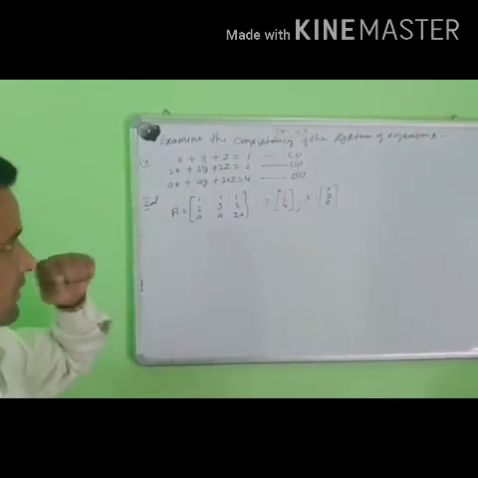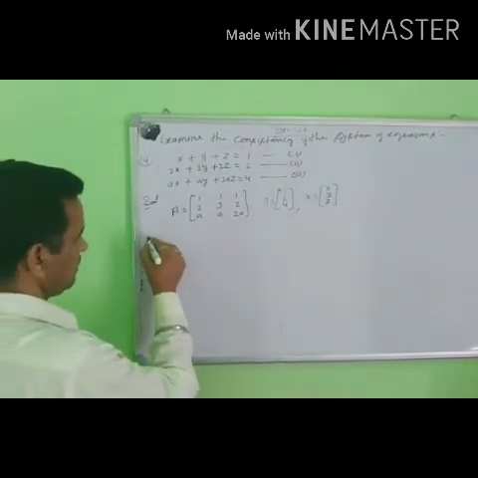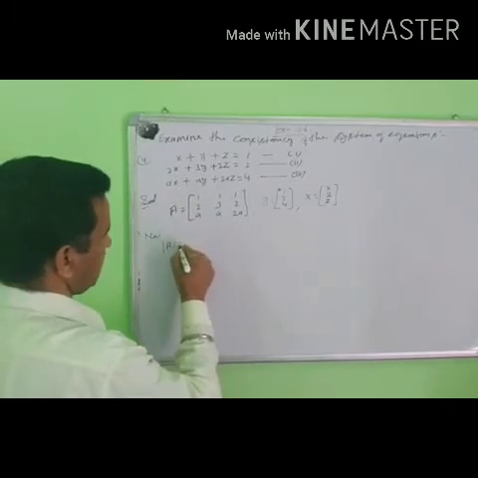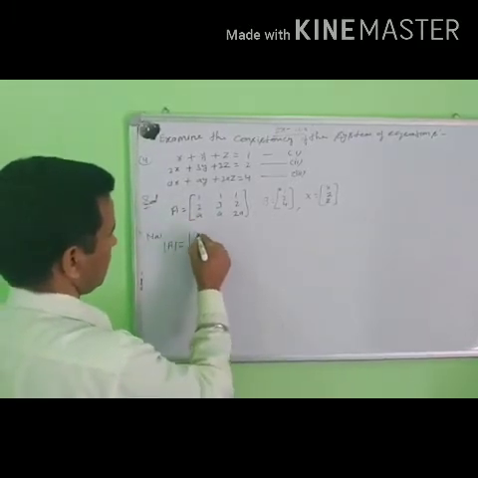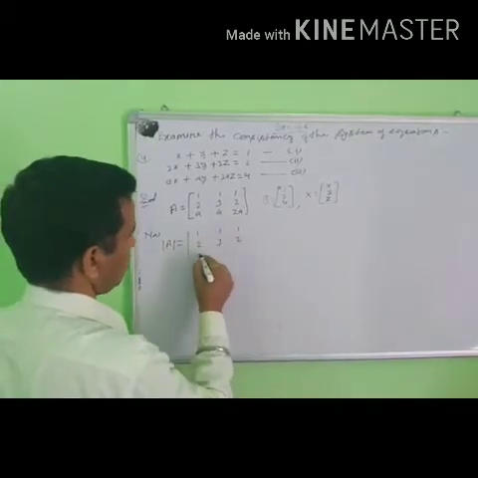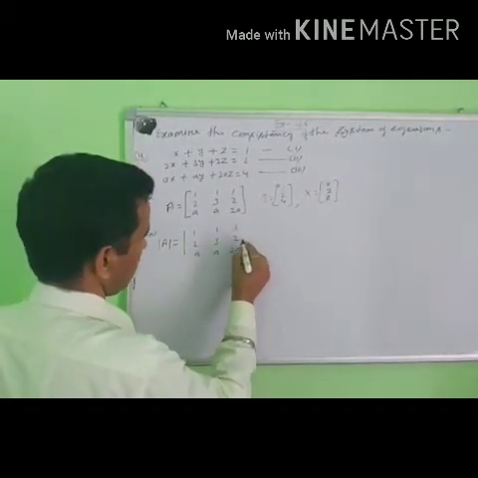First write in this form, then check. Now the determinant value of the matrix A: 1 1 1, 2 3 2, a 2a.